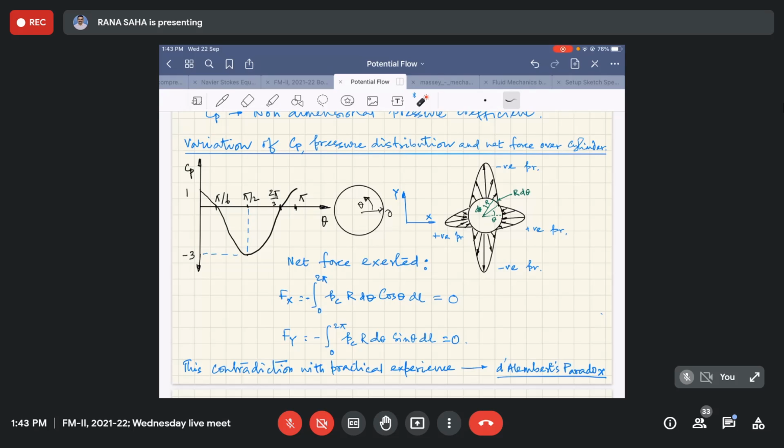This is a contradiction with practical experience, because any separate body, be it cylindrical or any other, whenever it is subjected to a flow field having a certain uniform velocity, always we experience a thrust. Forget about a cylindrical body. Whenever you walk and whenever you run, you can identify the difference. When we run, we get exhausted at a much faster rate than when we walk.